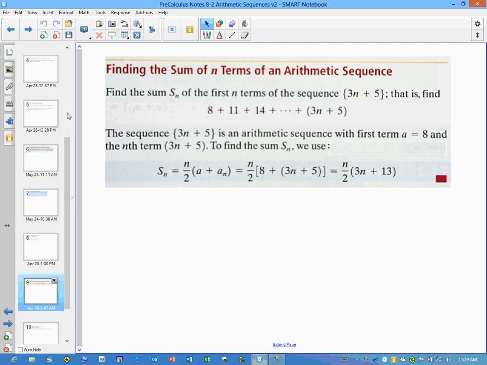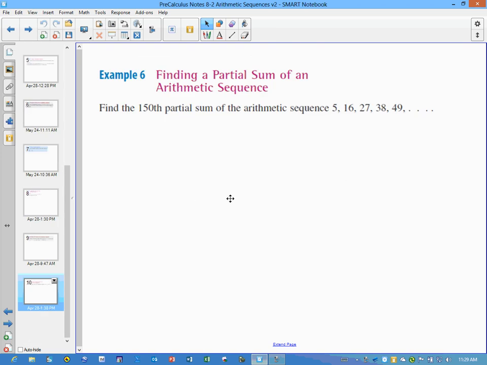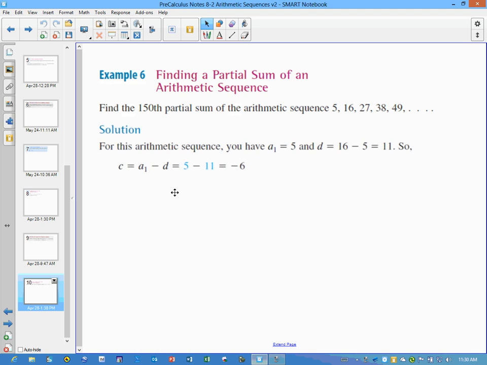Okay, finally is partial sums. Let's say we want to find the 150th partial sum of this arithmetic sequence. Now, for this, we can go pretty much straightforward with our equations. We're going to use the book way of doing the formula. So we should recognize that, of course, a sub 1 is 5. That's the first term in the sequence. The difference is going to be any two of these subtracted. So 16 minus 5 is 11. So to go from 5 to 16, we add 11.